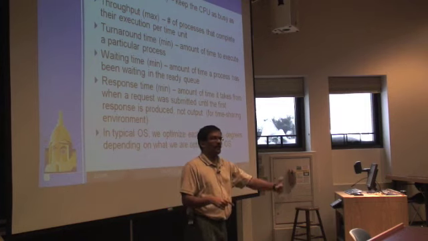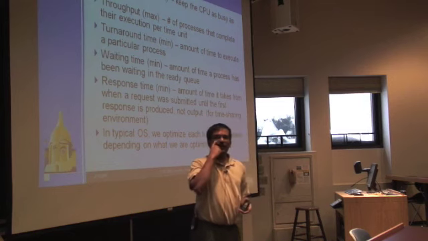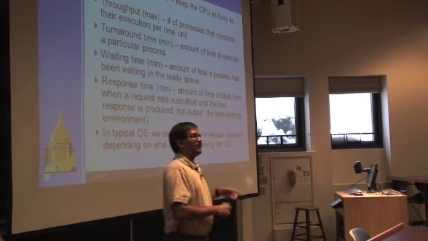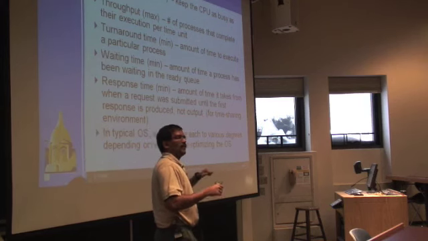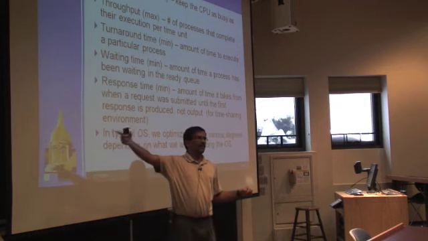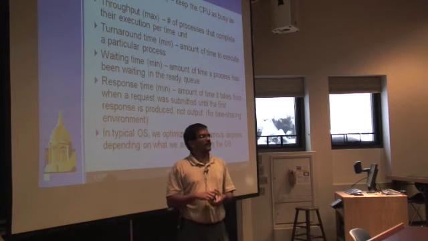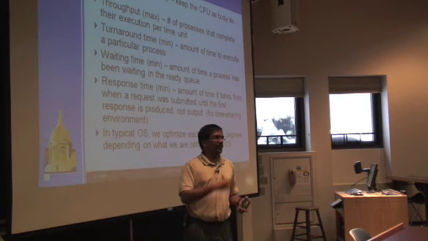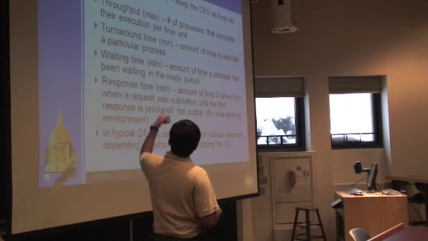You want to get the process in and out as quickly as possible, and that would be affected by the decision you might have made in the previous case. If you chose to keep the long-running processes waiting, then the turnaround time for them will keep going up. So you have to balance. Does that make sense? With turnaround time, you're looking at the overall time it took.